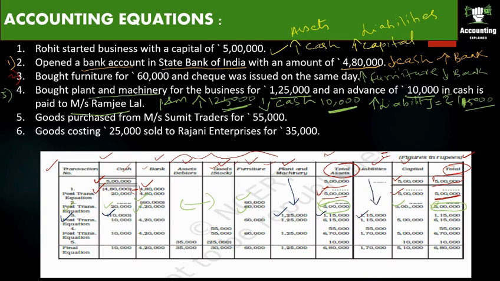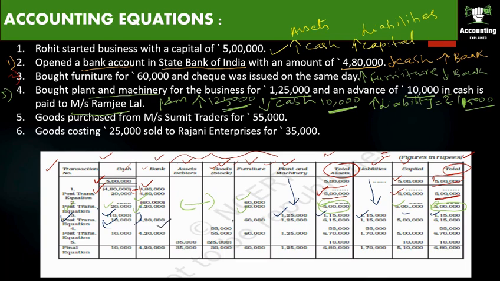Now how the accounts change, we'll see. Cash is reduced by 10,000, from 20,000 to 10,000, because you have paid the advance in cash. Total cash balance now becomes 10,000 and your bank remains the same, 4,20,000.